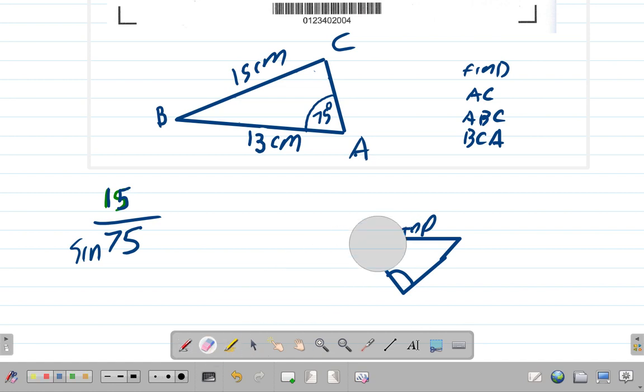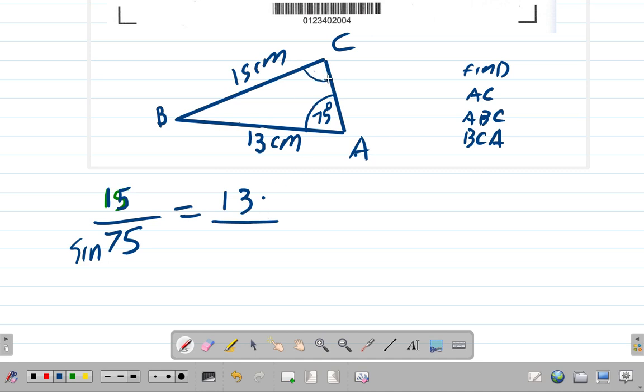Alright, let's go back to what we were talking about. 15, the side 15 over the sine of the angle opposite to the 15, which is 75, equals a side here which we know, side 13, divided by the sine of the angle opposite to it, which is sine of C. So that's what we have.